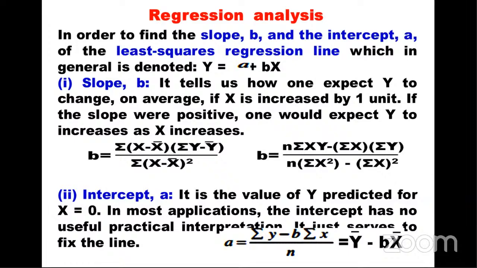Now in regression analysis, we get slope and intercept. Generally, intercept is written as alpha and slope is written as beta. What is slope? The formulas are given, no need to remember them. It is the sum of x observation minus the mean of x, into the sum of y observation minus the mean of y, whole divided by the sigma of x minus x bar, squared.